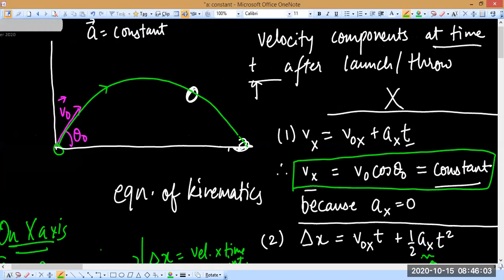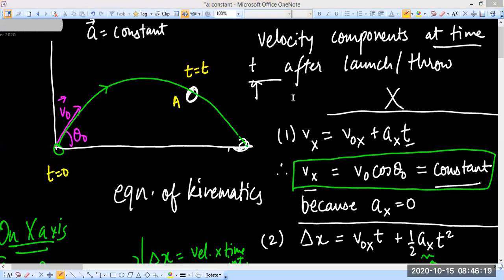Suppose you throw it at time t equal to 0, and let's say this thing reaches here at time t equal to t. Let's call this point A. Then at this point A, how much is the horizontal displacement?